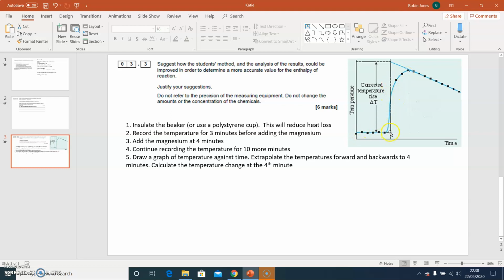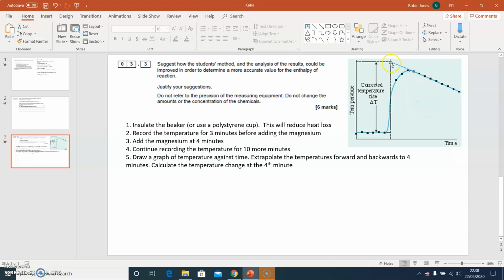So you draw a line to 4 minutes. You draw a line back from where it starts going down back to 4 minutes. This line here on the bottom x-axis is time and up the side is temperature. This is 4 minutes here. I've not taken a temperature reading at 4 minutes because I was busy adding my magnesium in, but at 4 minutes, this is what it would have been if we backtrack, called extrapolation, back along this line of straight points.